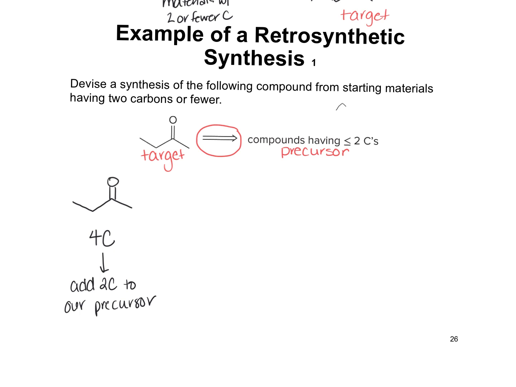So if we are thinking backwards, the very first thing I would do is I would say, okay, hey, look, the last step needs to be to convert to the functional group. And so that means here, 1, 2, 3, 4, if I'm going to do an acetylide ion, I need a triple bond there, okay?